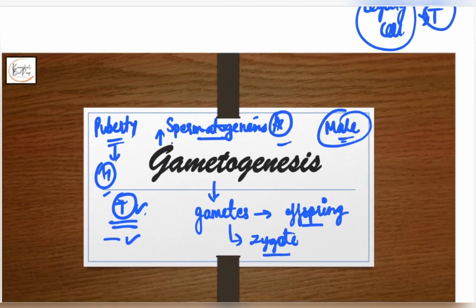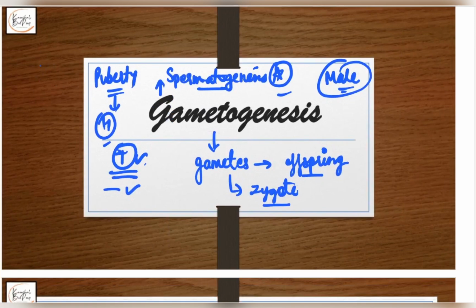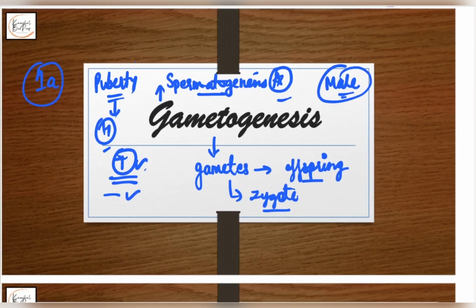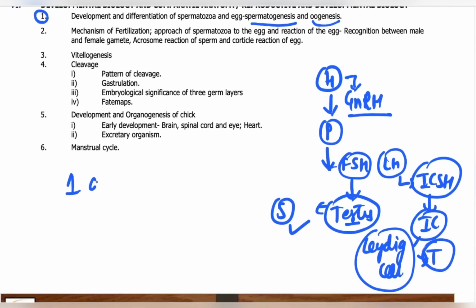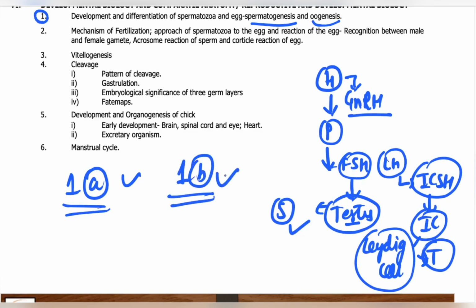So we will be concluding this lecture. This is the part 1A of the topic. If you see again in your syllabus, there are 2 topics, spermatogenesis and oogenesis. We have covered the first topic, that is spermatogenesis. In the next lecture I will be discussing 1B, that is the oogenesis, how ovum is formed and the structure of the ovum itself.